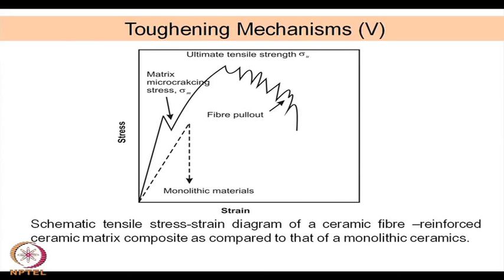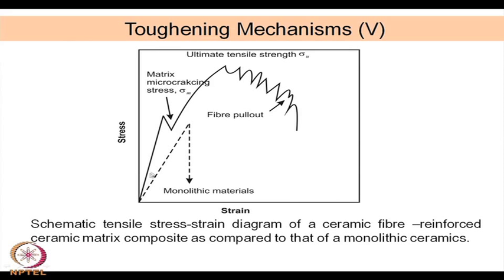Okay. So, this is the comparison of the stress strain diagram of a composite material, metal matrix composite, compared to the monolithic ceramics. This we have seen earlier.